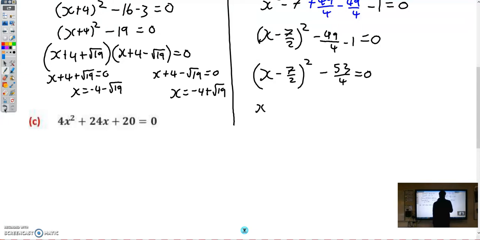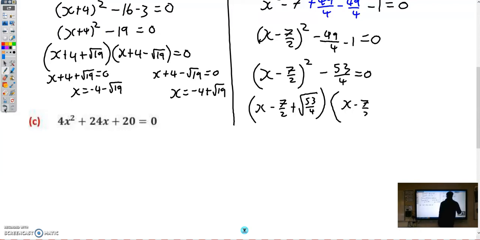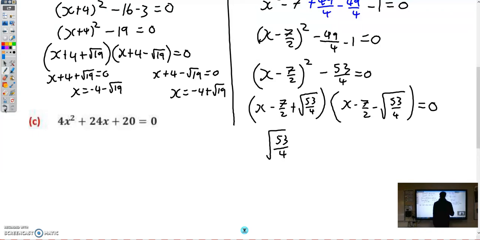So we have x minus 7 on 2 plus the square root of 53 on 4, x minus 7 on 2 minus the square root of 53 on 4. All of this is equal to 0. We're going to simplify the inside first. So the square root of 53 on 4 is equal to the square root of 53 on the square root of 4, which is equal to the square root of 53 on 2.